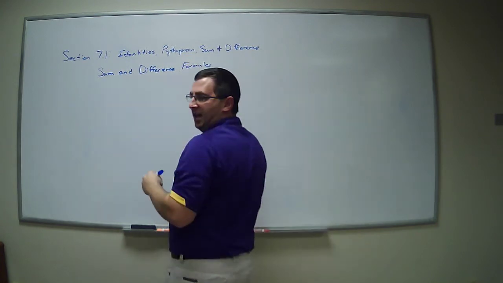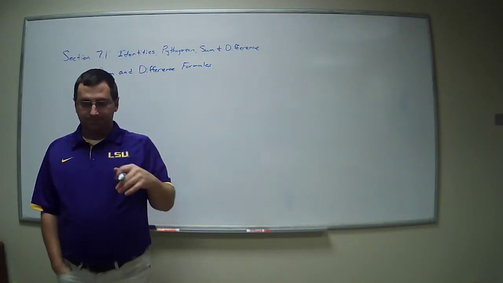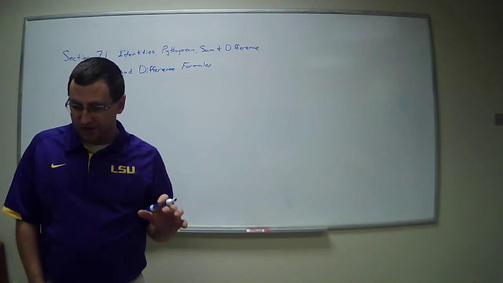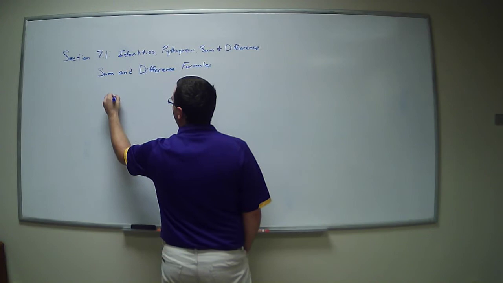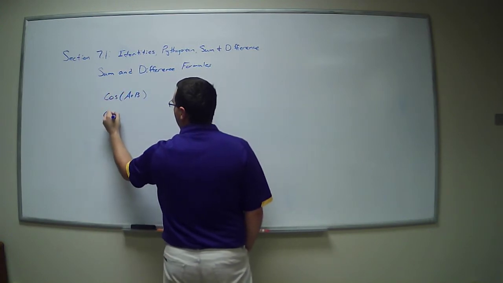All right. So these formulas, these identities, excuse me, there are 6 of these guys. So the first one is cosine of A plus B.